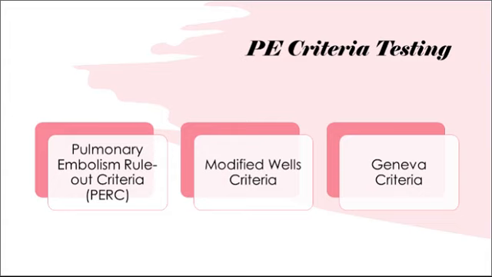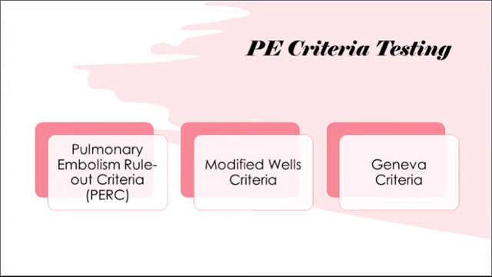The Wells criteria actually does these questions combined with a D-dimer, looking for that thrombin lysis. Also, if you're being treated for a pulmonary embolus, they use the Wells criteria and the D-dimer for a decision on stopping treatment.